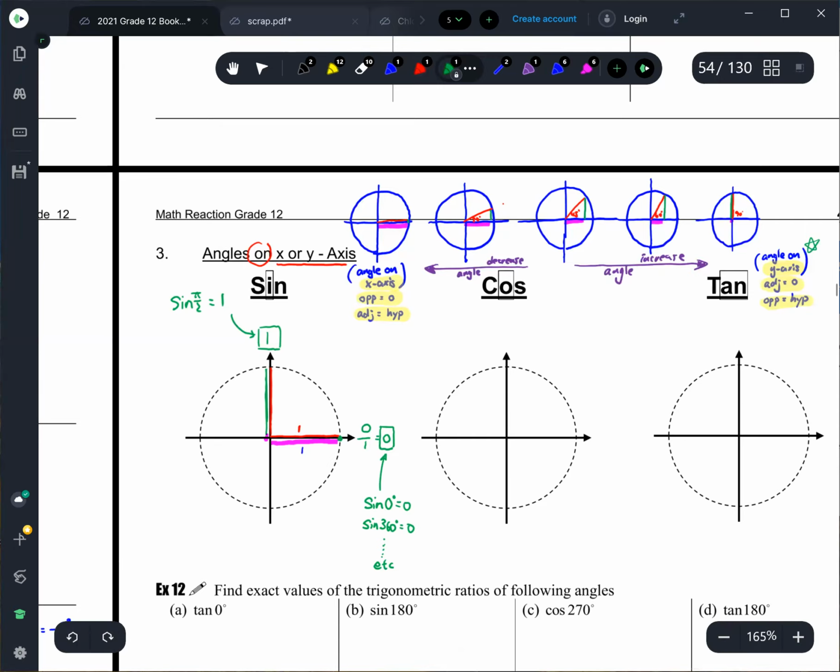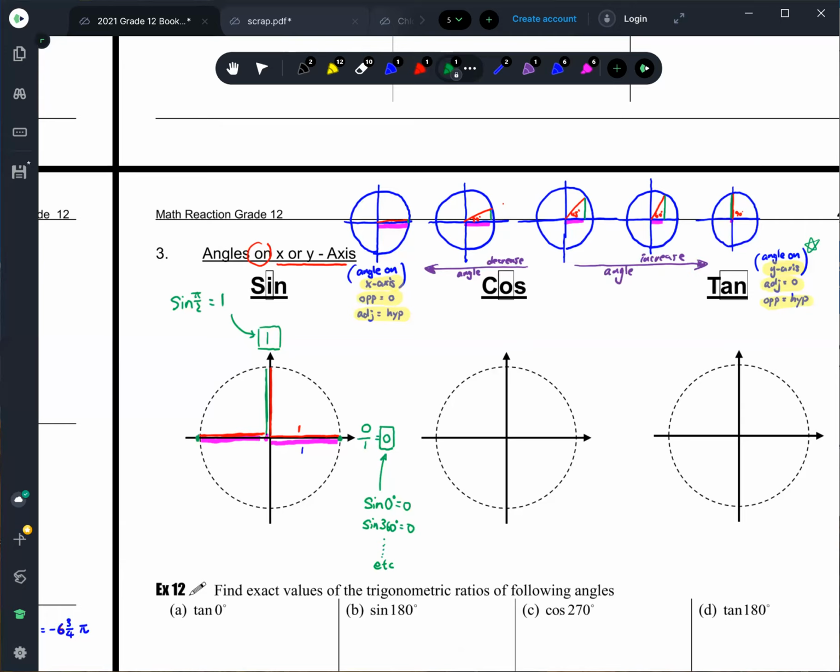Okay, we're going to speed up a little bit. Keep on turning, right? Now it turns to 180 degrees, so it'll be here. And then your adjacent side is here, your opposite side is here. Once again, because the angle is on the x-axis, the opposite side is 0 now, right?